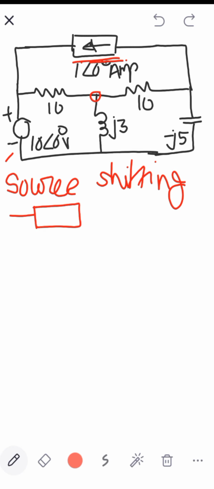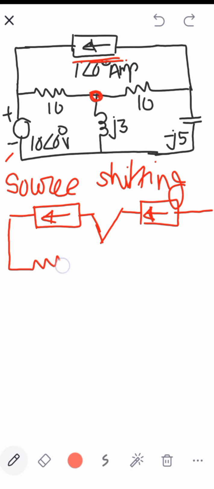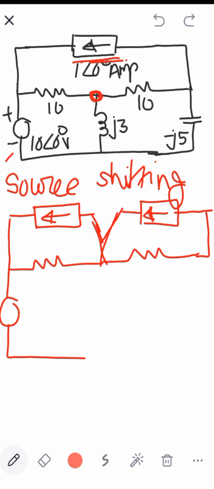What we do is shift the current source into two parts connected to this node. So here I'll get two current sources connected across a branch. The rest of the circuit is as it is.